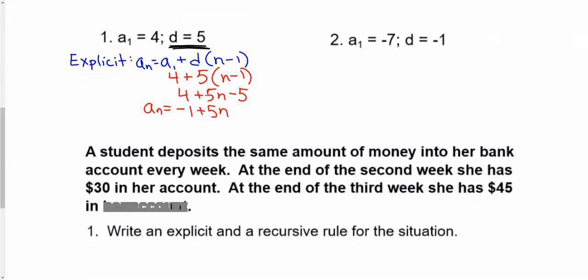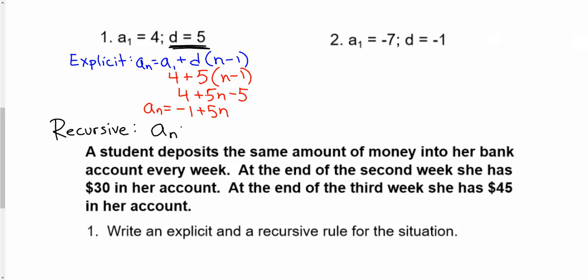Now I'm going to teach you how to write the recursive rule. The recursive rule is pretty easy when it comes to an arithmetic sequence. Watch how simple this is. So the recursive rule looks like this.